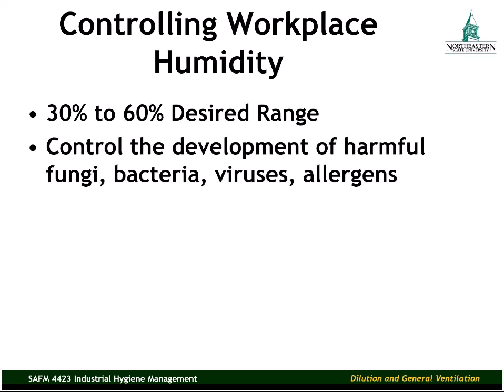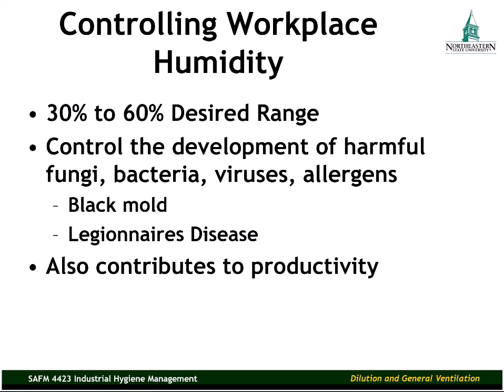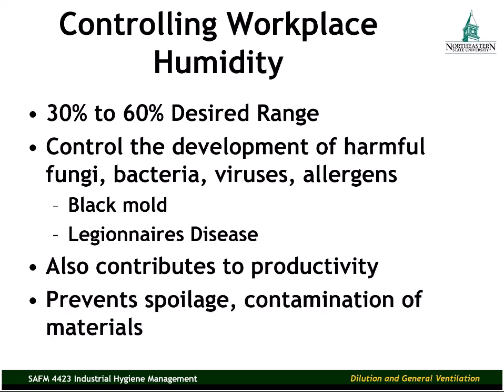If we keep our humidity levels where they need to be, that's going to help control fungus, bacteria, virus, allergens perhaps, black mold, Legionnaire's disease, or diseases like Legionnaire's disease where bacteria or viruses develop in a humid, moist environment. And also, proper humidity can contribute to productivity, and it can also prevent spoilage or contamination of materials.